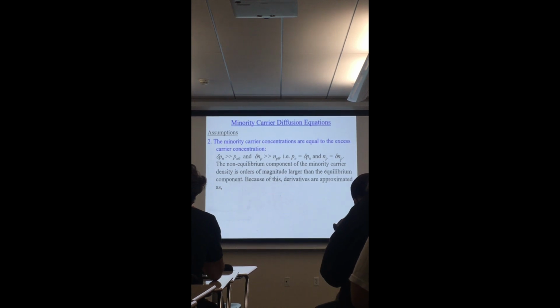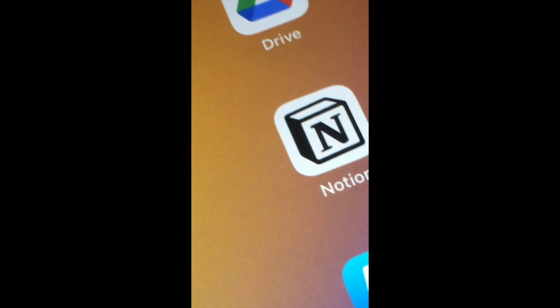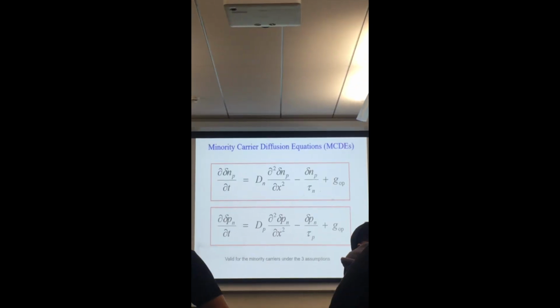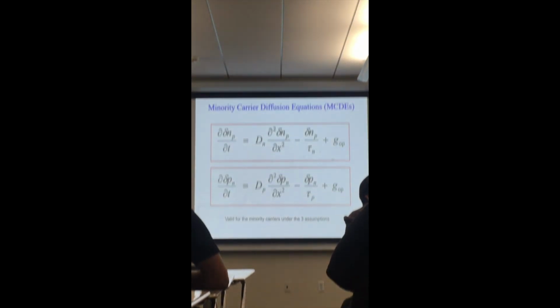So based on this assumption, we can rewrite this derivative term here. We have this d n p over dx. This is the gradient in carrier concentration, which will be derived with the minority carrier equation. These two equations are very useful when we introduce the p-n junction.